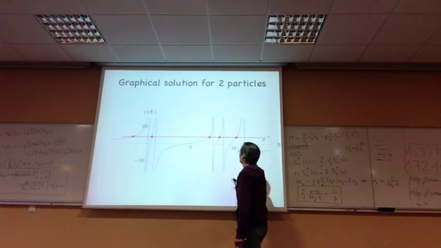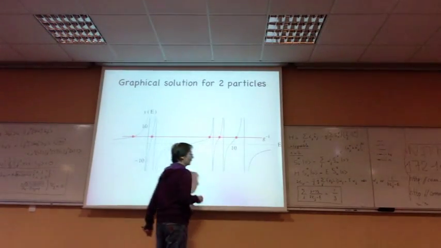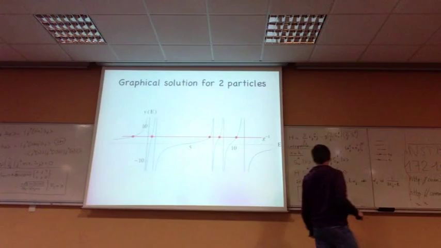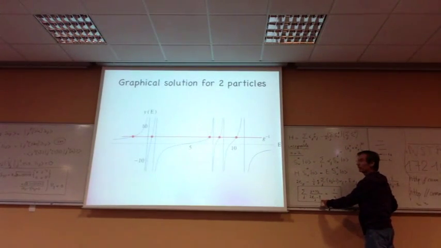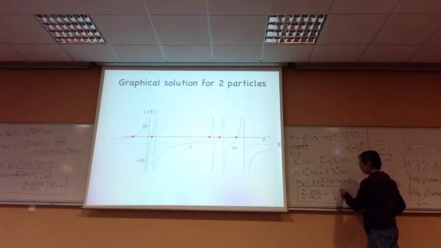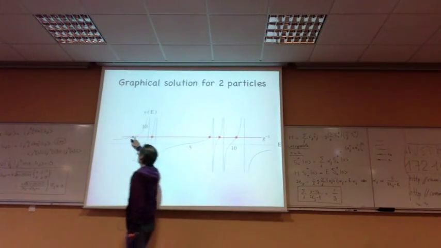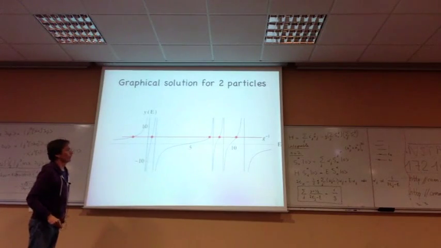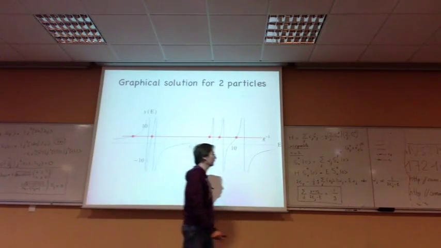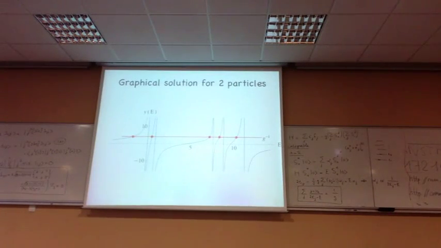And then this blue curve here is just this quantity as a function of E, the energy. And so you want this quantity to equal 1 over G. And this line here is precisely G to the power minus 1. Now I have an attractive pairing interaction.